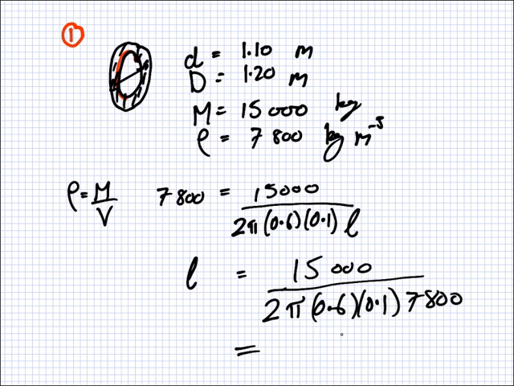Look at your teacher. Listen to his question. That 1.2 in the question, is that the diameter or is it the radius? It is the diameter. Okay, so the radius is 0.6, yeah?